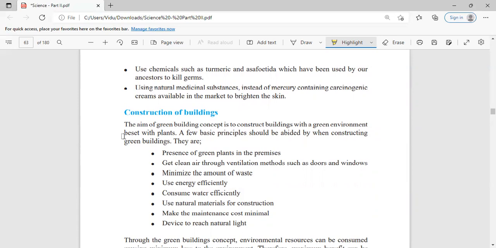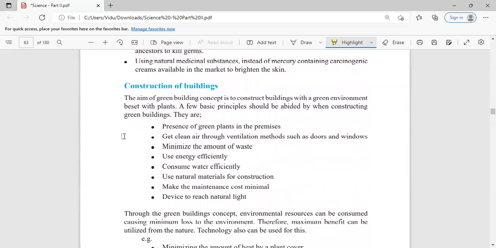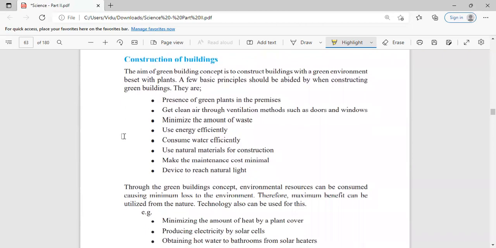Okay, our next topic, as you can see, construction of buildings. The aim is the green building concept. So it is to construct buildings with a green environment, blended with plants.